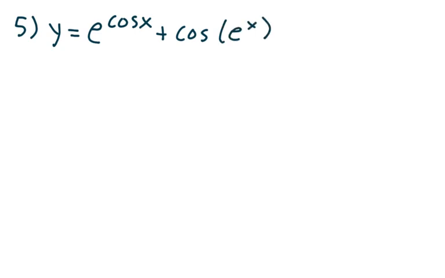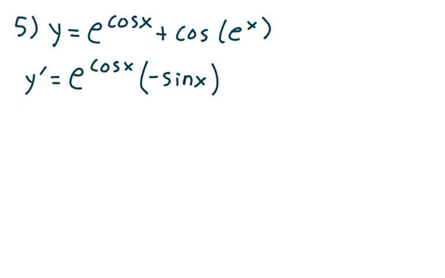It's very different. And I want to find y prime. Well, this is e to the cosine of x times the derivative of cosine x with respect to x. Remember, this is like peeling an onion. The derivative of cosine x with respect to x is negative sine x. Okay.